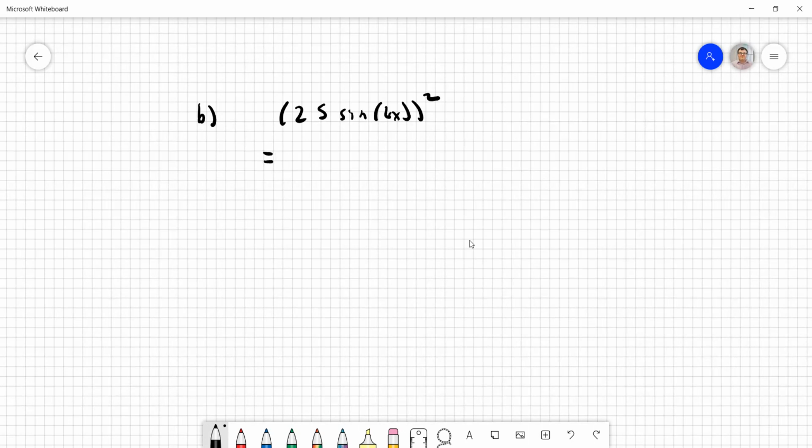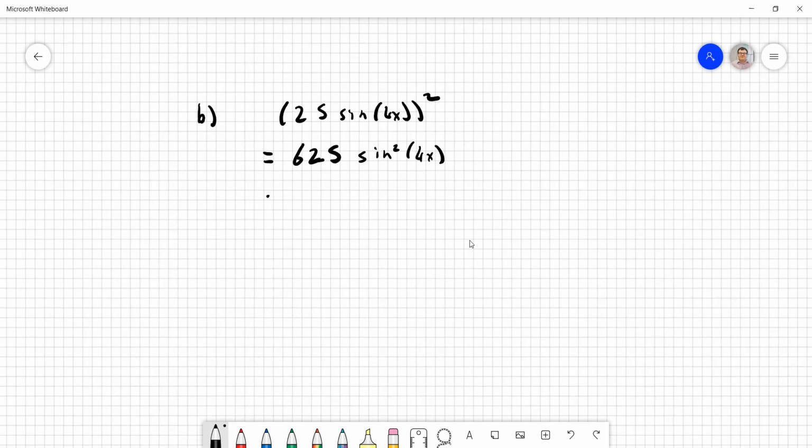So we're going to have 25 squared times the square of sine 4x. The 25 squared is 625. And again, when we have a trigonometric term and we square it, it becomes sine squared 4x. You notice nothing happens to the 4x, it's the sine term that's being squared.